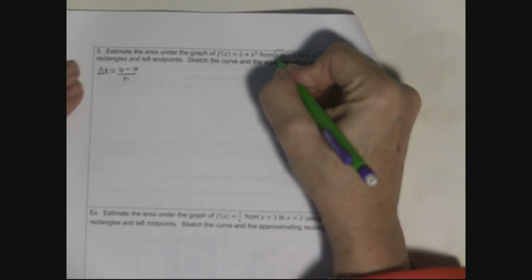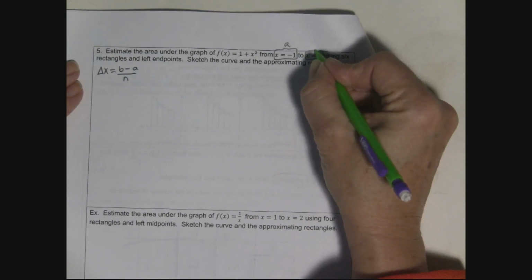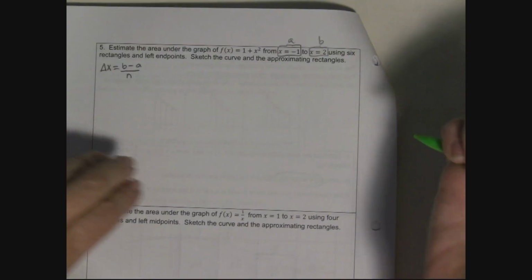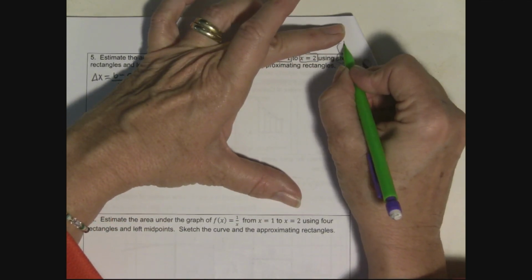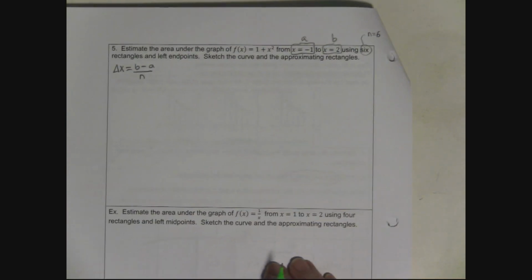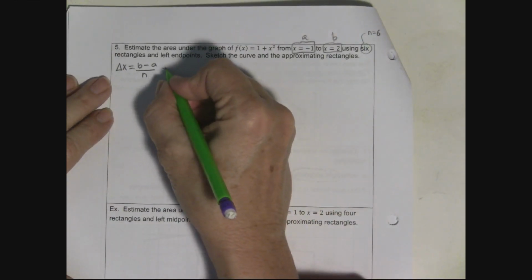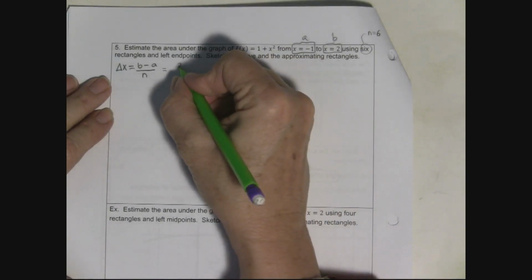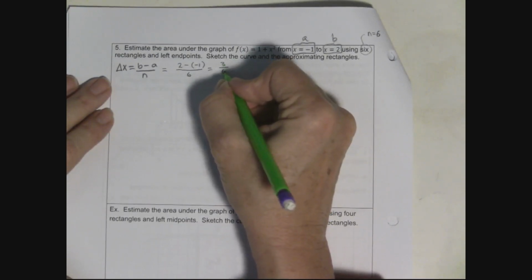Right here is a, right here is b, and n is 6. So this is 2 minus -1, divided by 6. So this is 3 over 6, which is half.